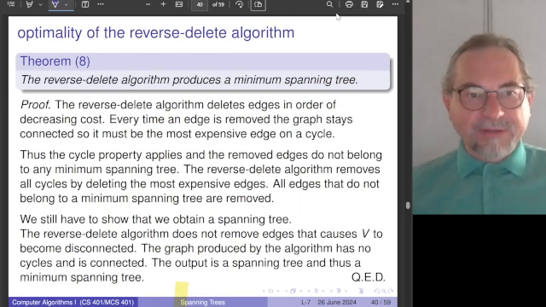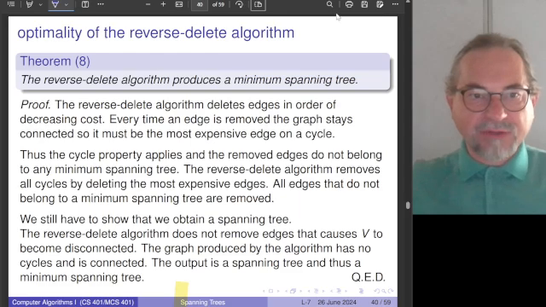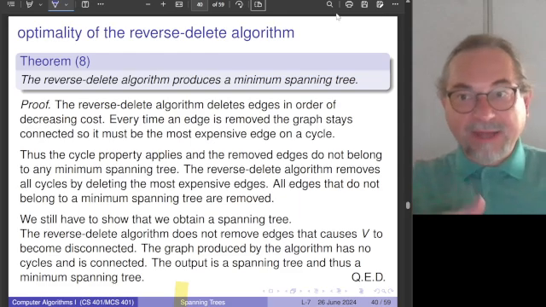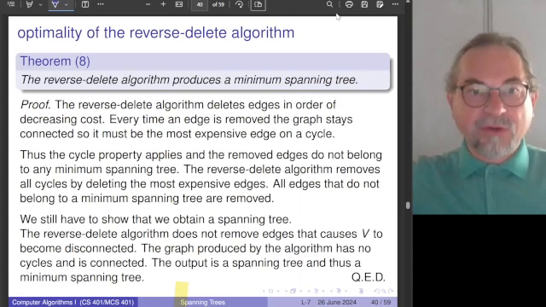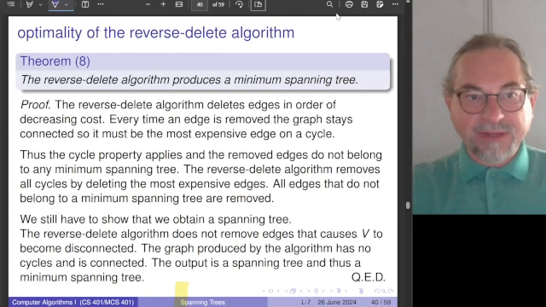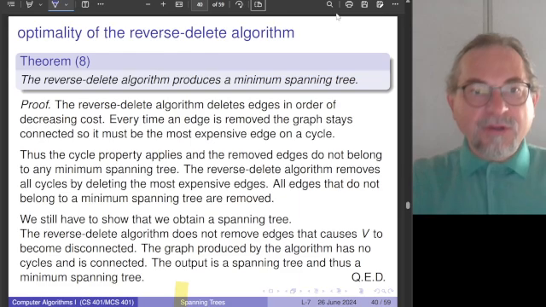So every time an edge is removed, it has the highest cost of all the edges that are still there and that keep it connected. So we are removing essentially cycles. So it must be the most expensive edge on a cycle. So the cycle property does apply.